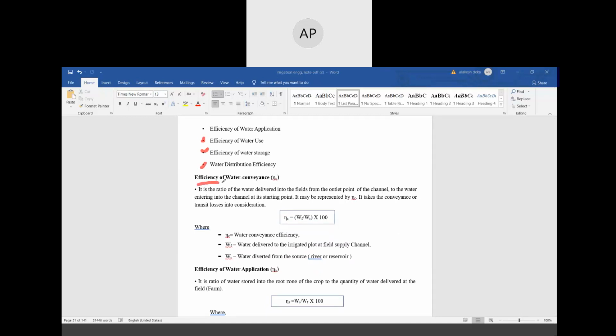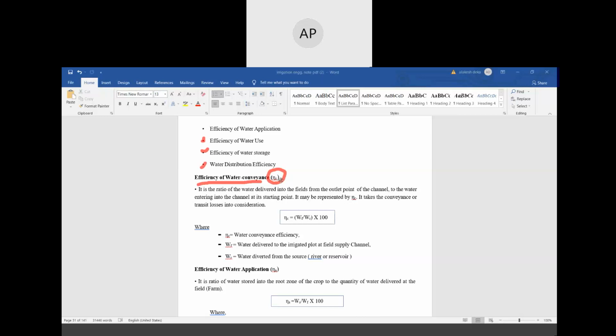So, efficiency of water conveyance. It is generally determined.